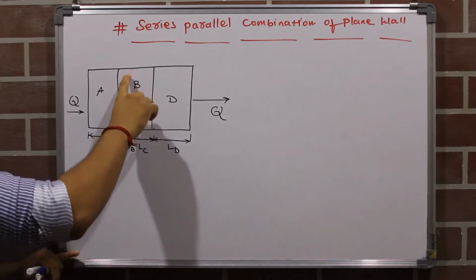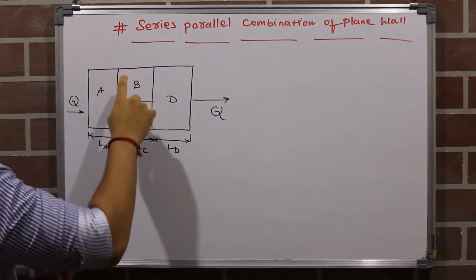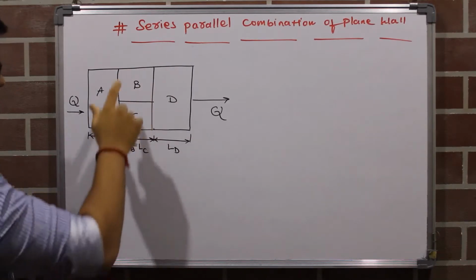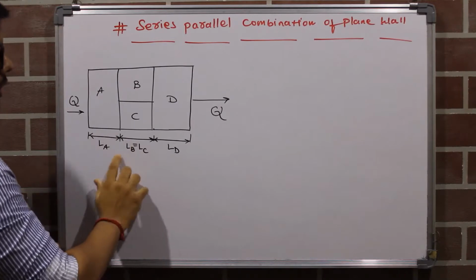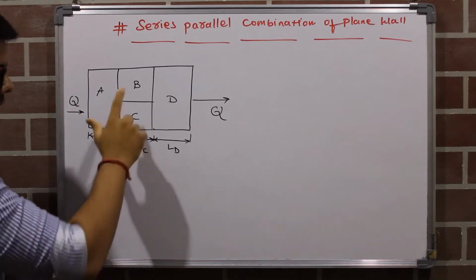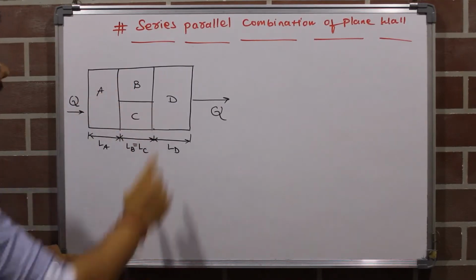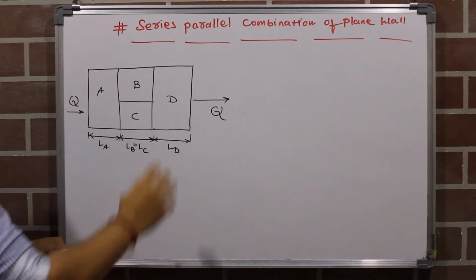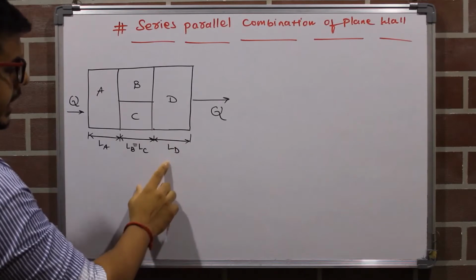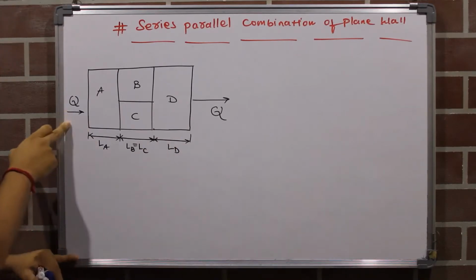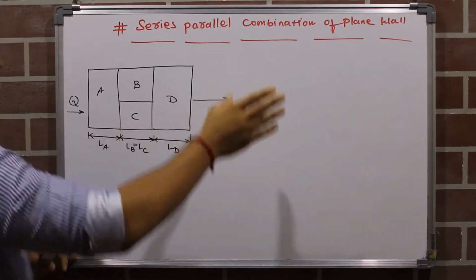The thickness of the second and third walls, B and C, will be LB and LC, so LB equals LC, as you can see in the figure. And the thickness of the fourth wall will be LD. Now the heat Q is flowing in this direction.